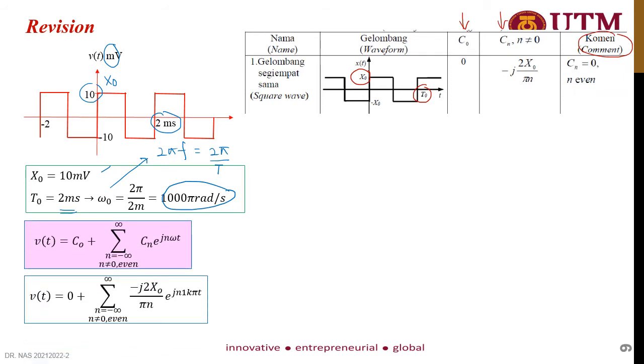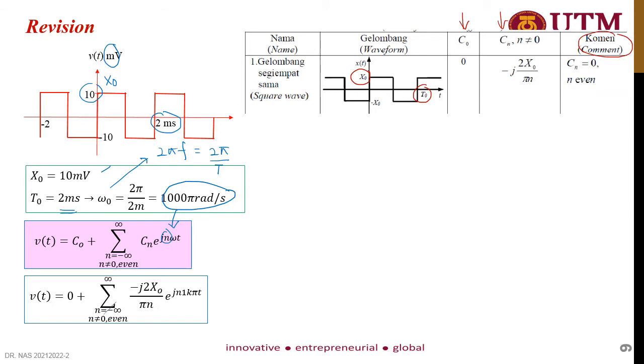Next, you need to use the general equation for complex exponential Fourier series, which is the addition of C naught, the coefficient at 0, plus the sum of Cn e^(jn omega t). So your omega here is 1000 pi radian per second. n is the harmonics number, so you need to consider up to the number of harmonics required in the system.